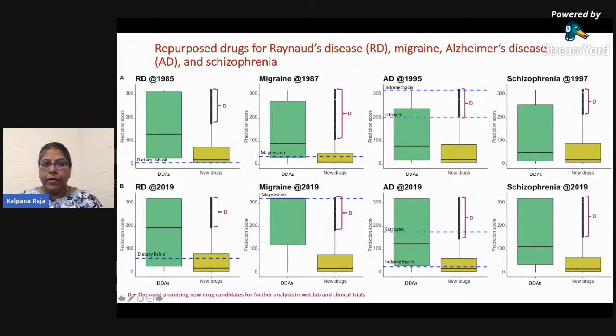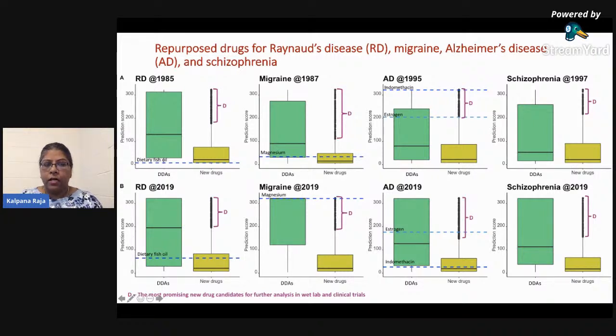So this is the summary on the repurposed drugs for all the 4 diseases at 2 different cutoff dates. So as I mentioned, it got a big list. So I just got this box plot to get the most potential and promising drugs to the top.